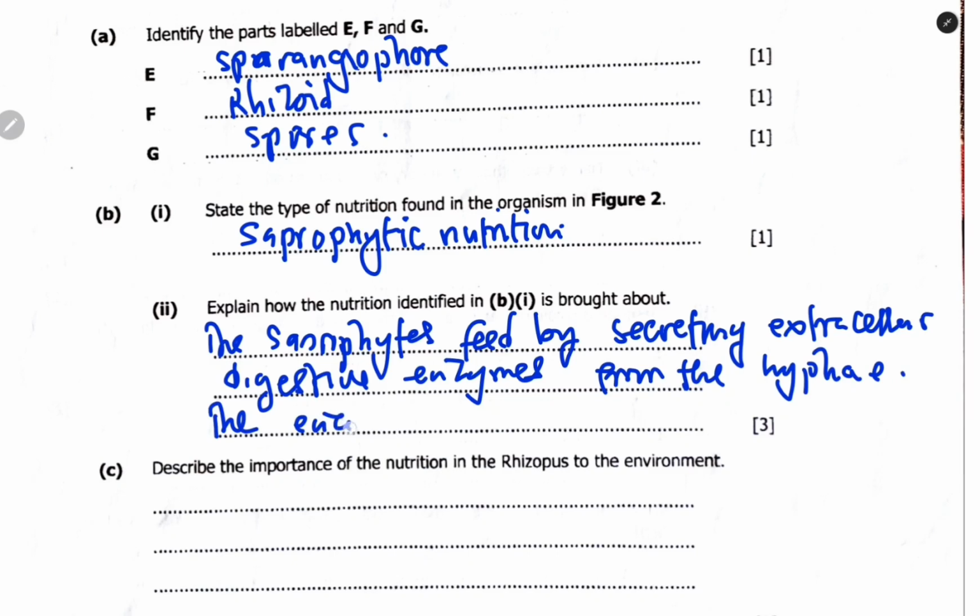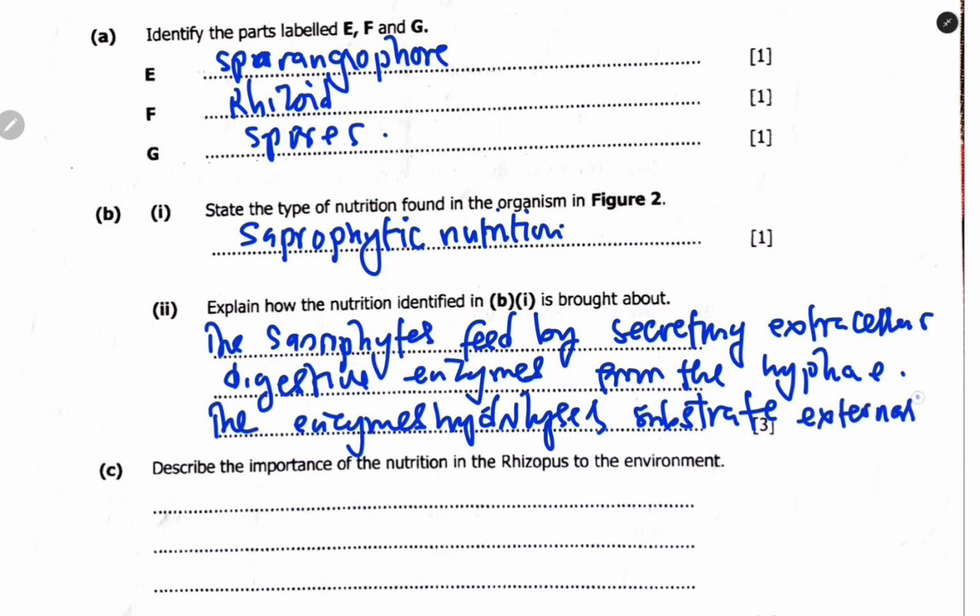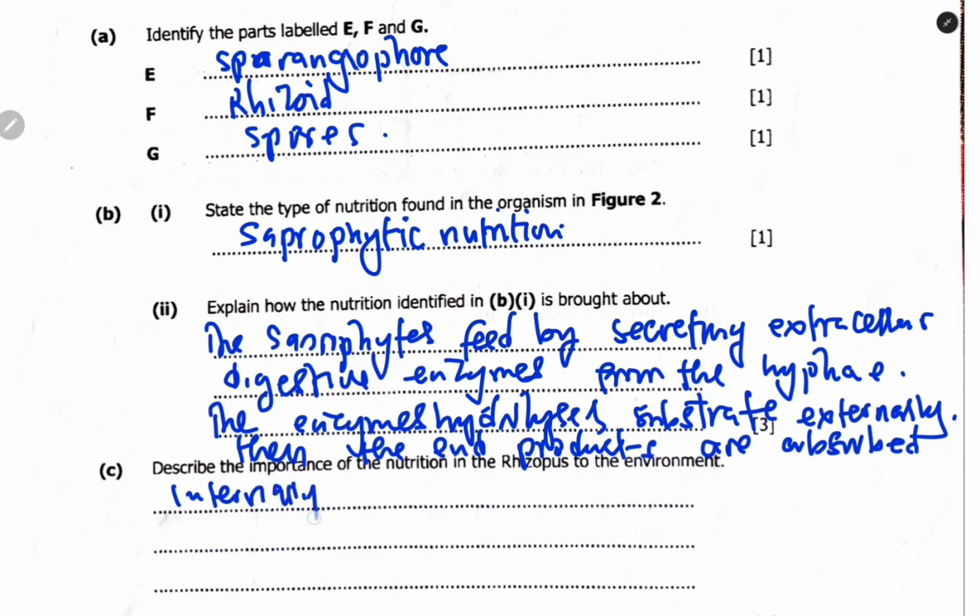The enzymes hydrolyze the substrate externally. You know that the substance that is hydrolyzed is called the substrate. Then the end products are absorbed internally. So I'm just going even up to this space.